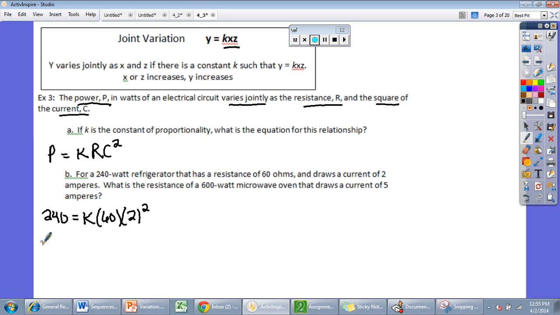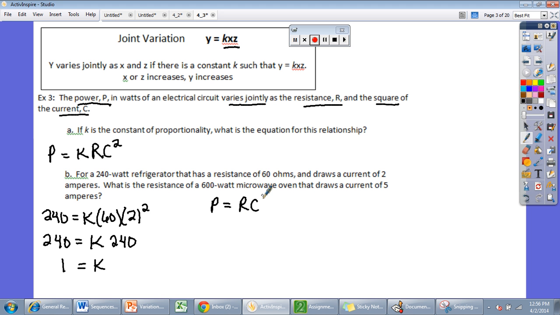So now we're solving for K. So 60 times 4 squared actually gives us 240. So if 240 equals 240K, K is just equal to 1. So our general equation, you can put the K equal to 1 there, but we really don't need it.